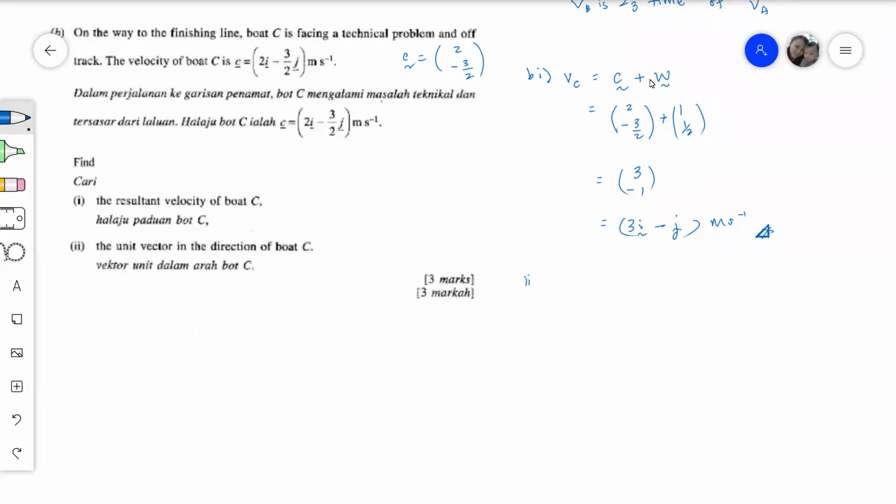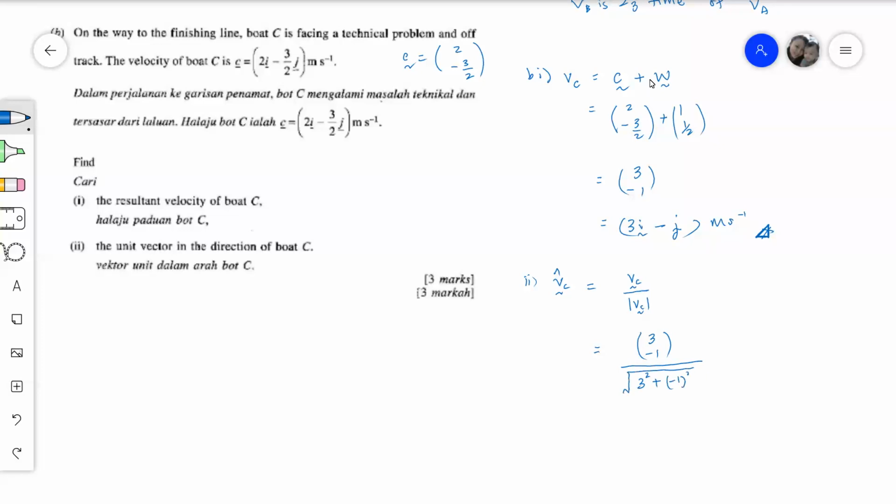And then part 2, the unit vector. We need to find the unit vector of boat C. That means we have to find this symbol, whereby we take the vector of the resultant velocity of boat C over its magnitude. So again, 3, negative 1 is the vector, and then over the magnitude, which is the square root of 3 squared plus negative 1 squared.